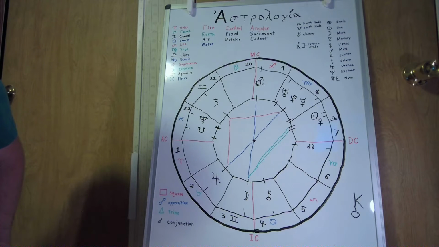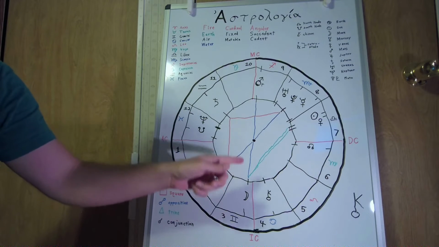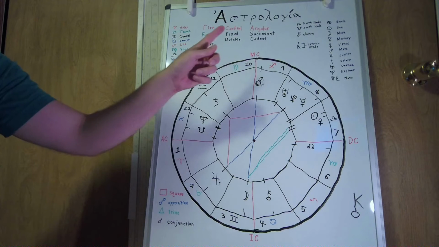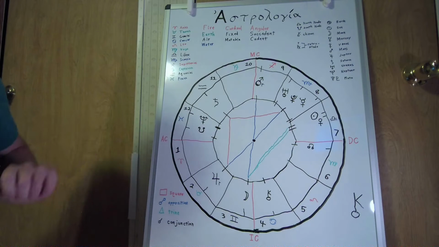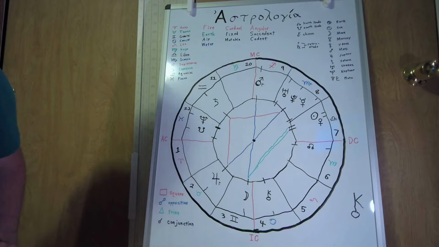So, to give an example, let's look at the moon opposing a retrograde Mars. Let's say the moon is 25 degrees Gemini and the Mars is 25 degrees Sagittarius. They're opposing.